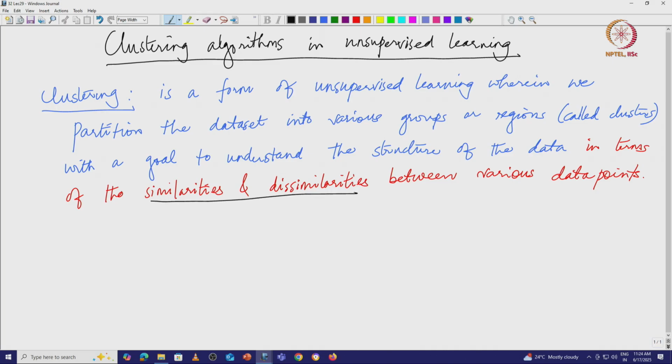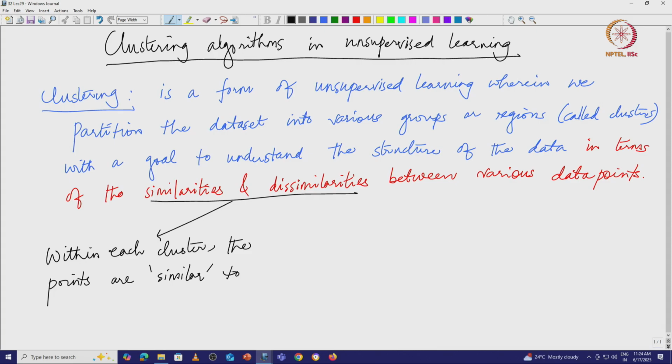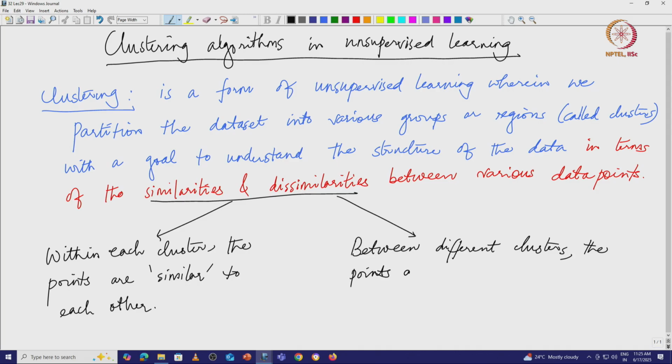So, when we talk about these similarities and dissimilarities, within each cluster the points are similar to each other than to points outside that particular cluster, and between different clusters the points are more different from each other compared to points within the same cluster.